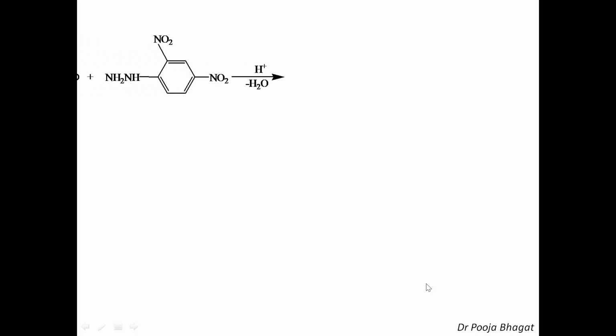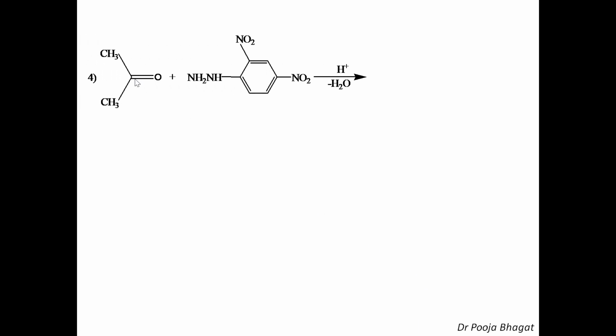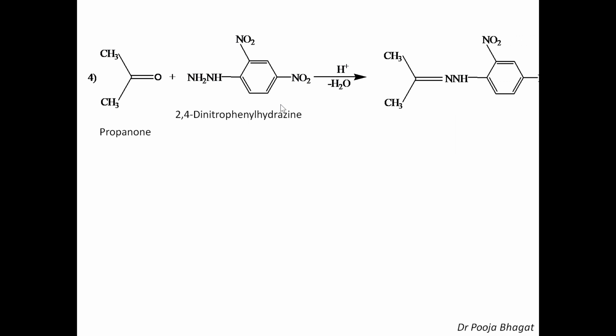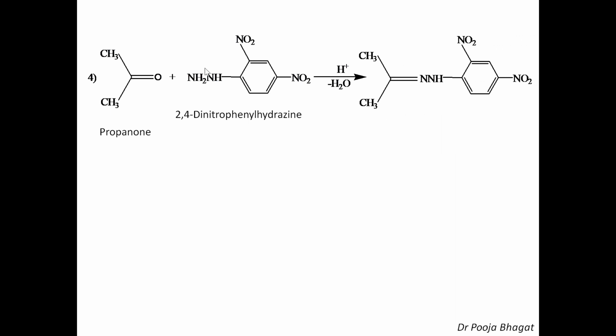Few more examples. IUPAC name, propanone. This is 2,4-dinitrophenylhydrazine. And the product will be this one, C double bond N. This N will participate. This we have seen why. So the name of the derivative is propanone 2,4-dinitrophenylhydrazone. And now the last example.